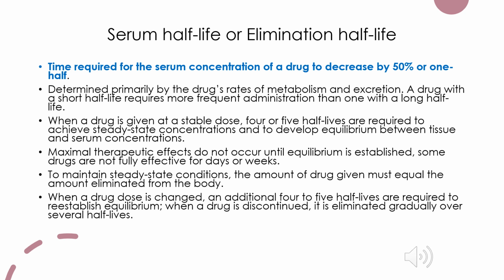Like in some of the psych drugs, it takes a long time to actually reach therapeutic levels. To maintain steady state conditions, the amount of drug given must equal the amount eliminated from the body. When a drug dose is changed, an additional 4 to 5 half-lives are required to re-establish equilibrium. When a drug is discontinued, it is eliminated gradually over several half-lives.